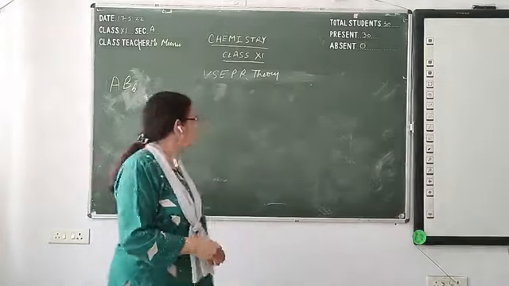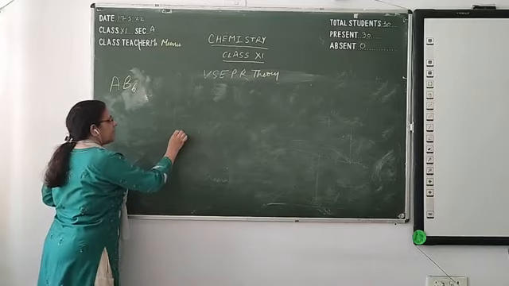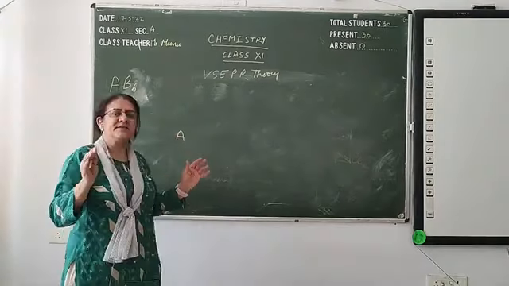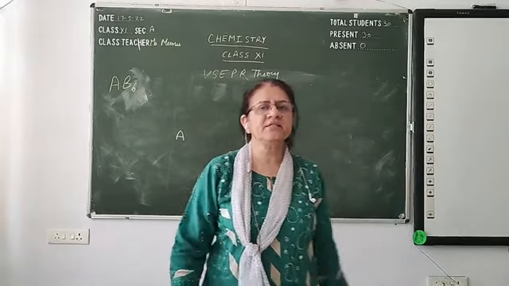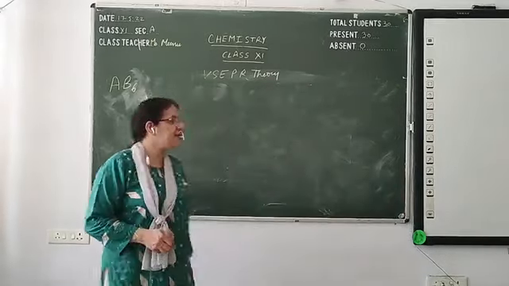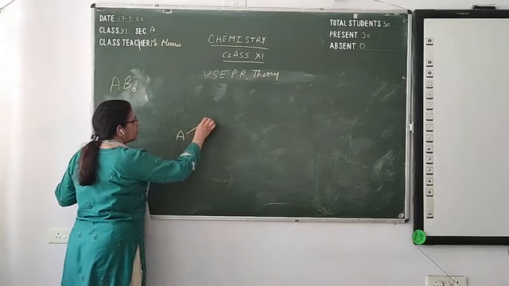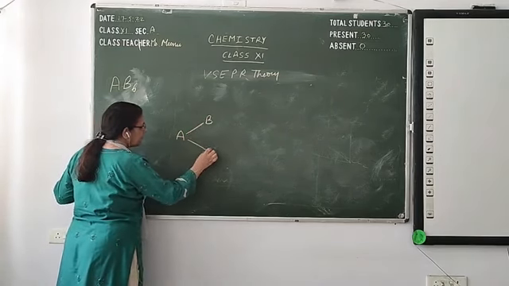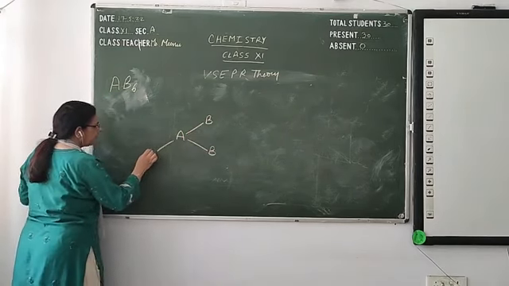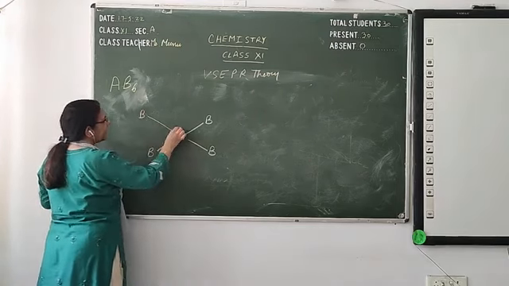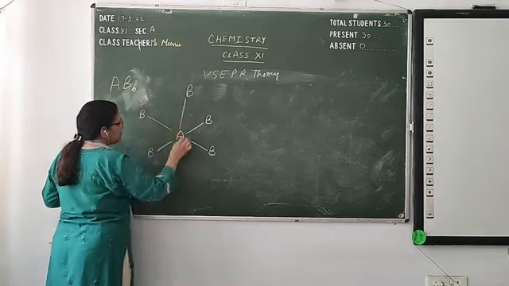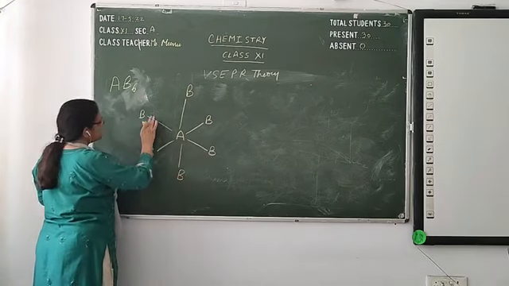Yes, the central atom is A and it is surrounded by how many B atoms? It is surrounded by 6 B atoms. So first B atom, second B atom, third B atom, fourth B atom, fifth B atom and sixth B atom.